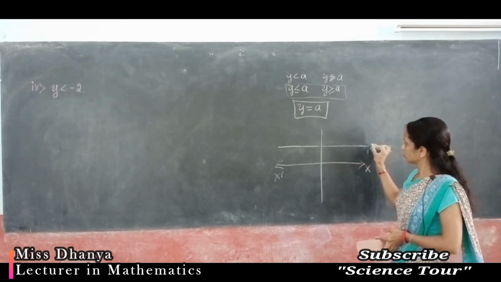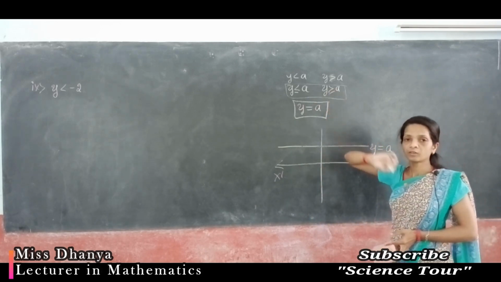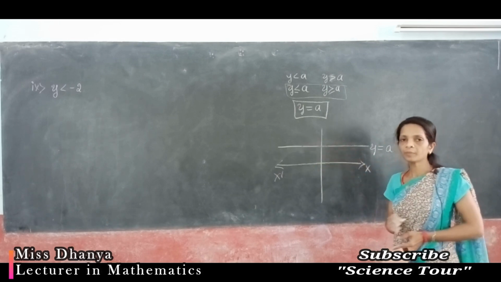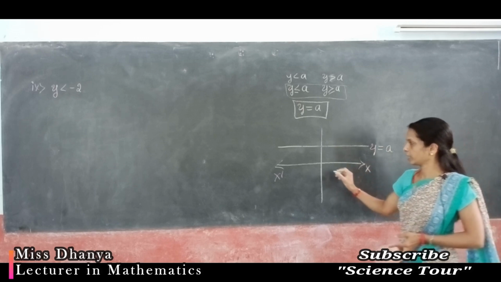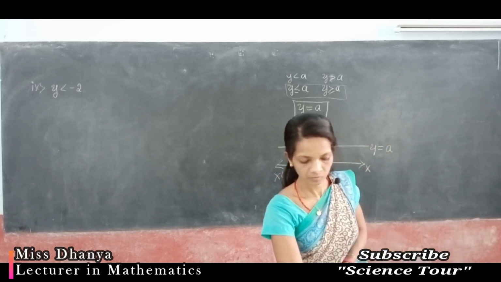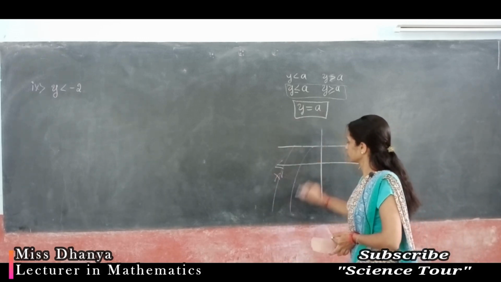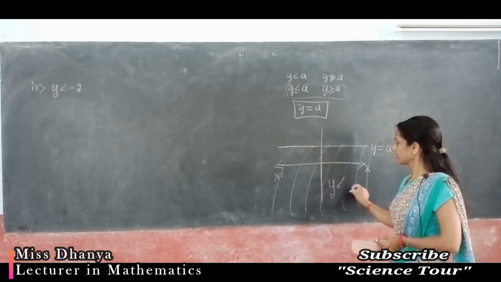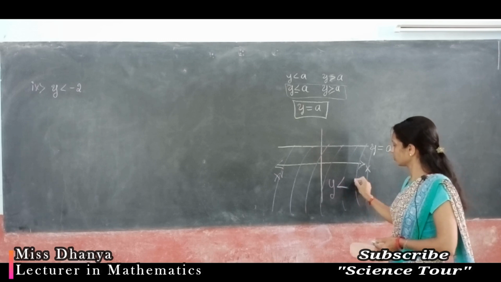Now y less than a means which side? y less than a means below the line y is equal to a. Below this line, that region is y less than a. That you have to keep in mind.